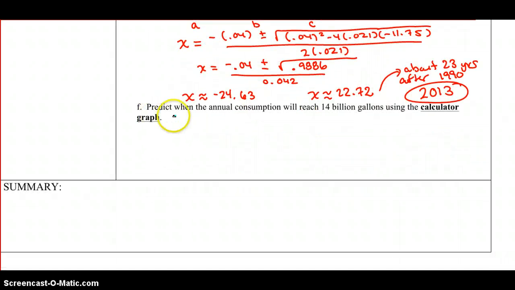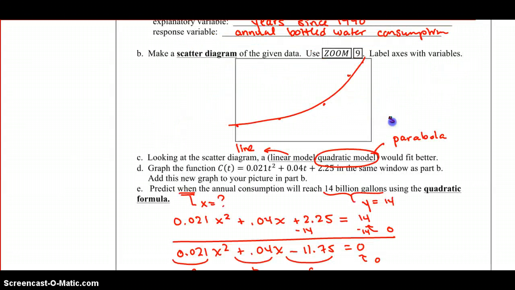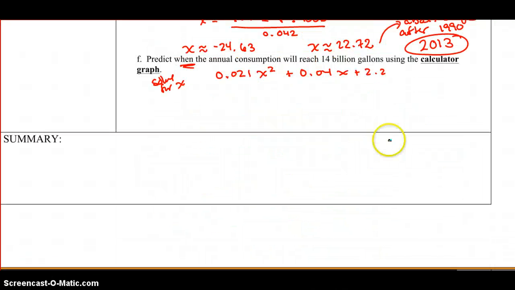So then we're asked to predict when the annual consumption will reach 14 billion gallons using our calculator graph. So if we're looking at that same equation that we started with, we wanted to solve for x, where we had 0.021, and I'm going to replace the t's with x's, x squared plus 0.04x plus 2.25 equals 14.